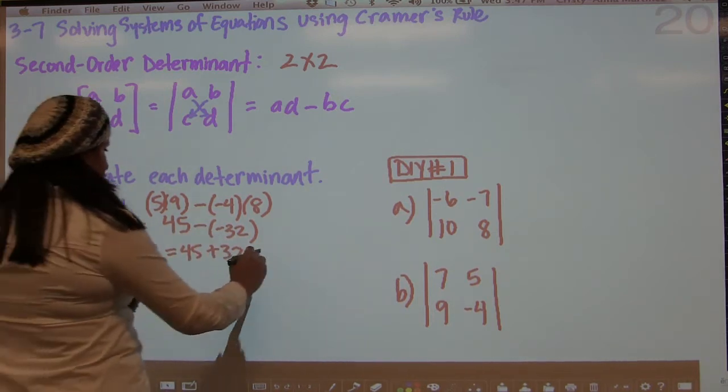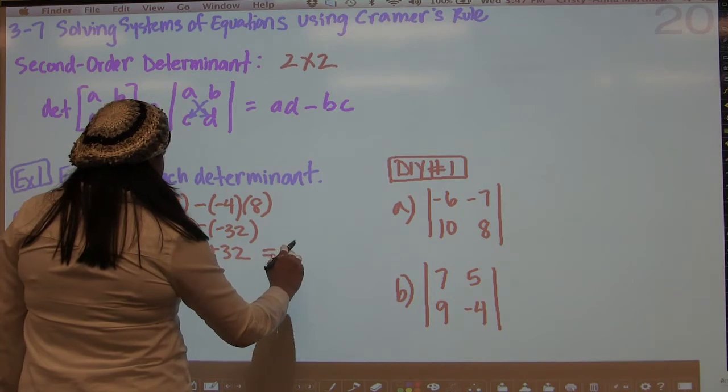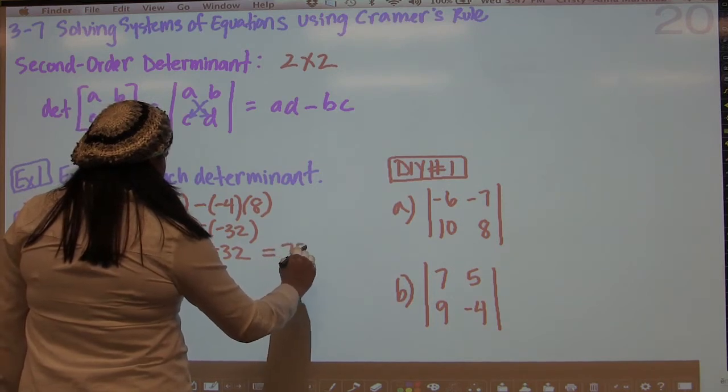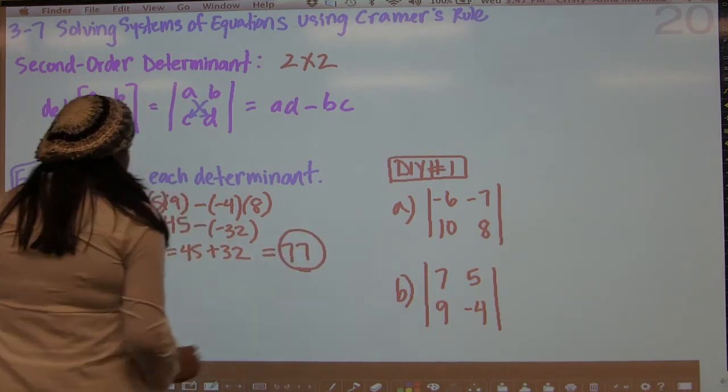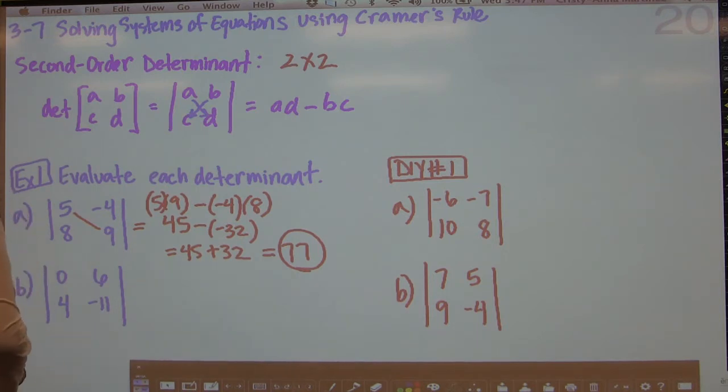So then my determinant will actually be 77. So it's important to note that when you are calculating a determinant, the answer will be one number, a scalar. When you multiply 2 matrices, the answer is another matrix. But when you are evaluating a determinant, the answer will just be one number, in this case 77.